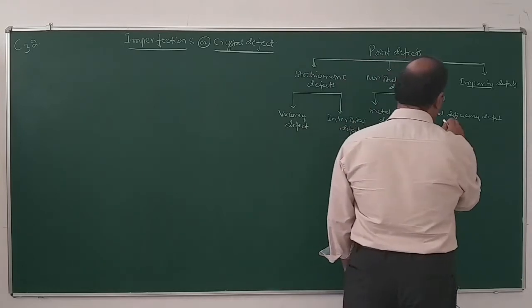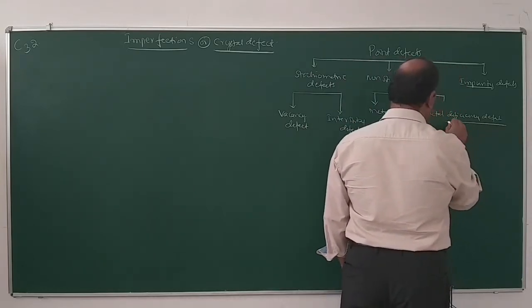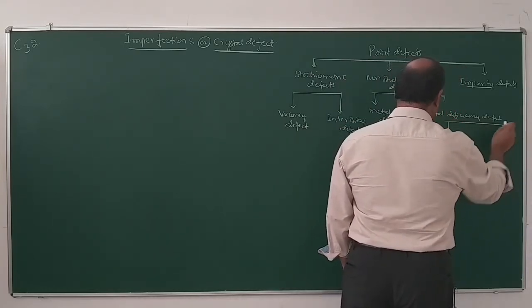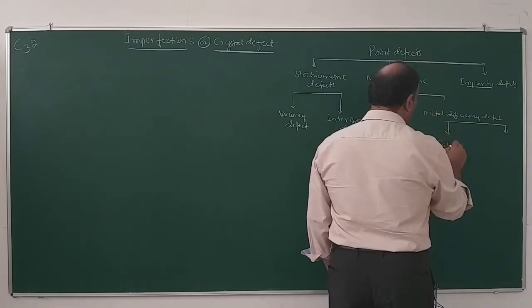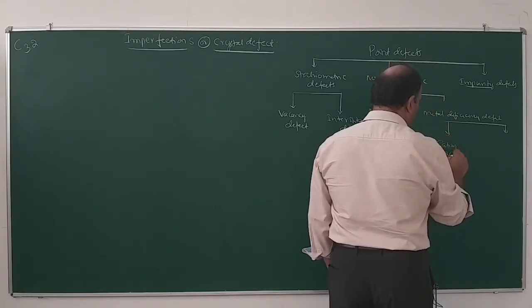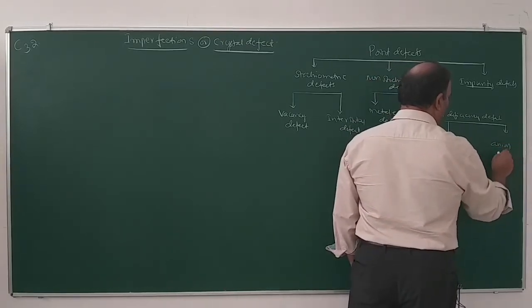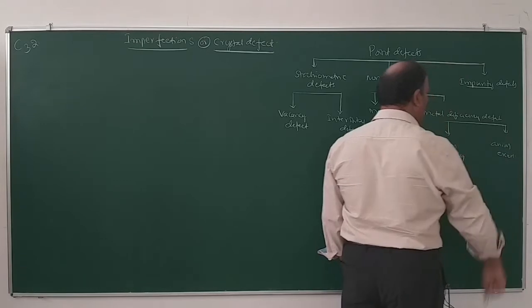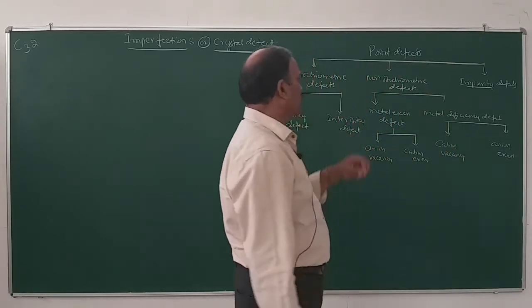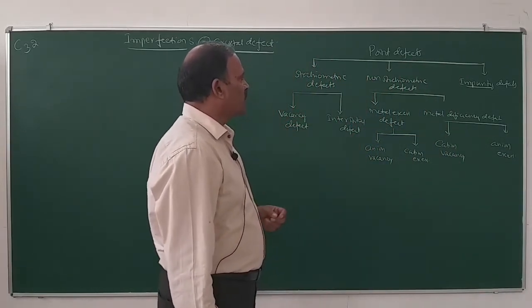Coming to metal deficiency defects, again there are two types: this is due to cation vacancy, and number two, anion excess. So, these are the different types of point defects.